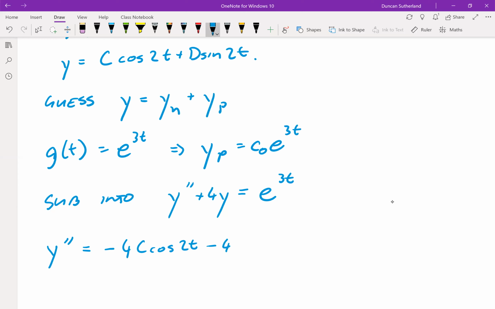Minus 4 sine, it's a D. Plus 4 times C cos 2t plus 4d sine 2t. Now I'm going to get the second derivative of my exponential term. That's going to give me a plus 9, right? I get a 3 from the first time, and then I get a 3 again from the second time.